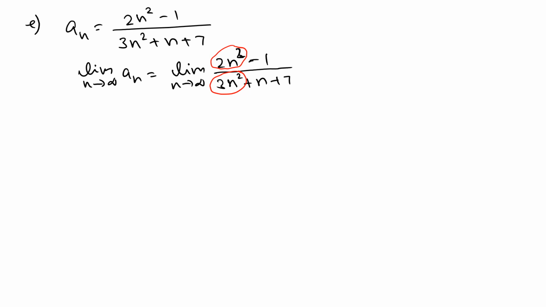Other terms do not really matter here. So the limit is 2n squared over 3n squared, then this gets cancelled, and you simply end up getting 2/3. So if the leading terms have the same degree, you just get the ratio of the two coefficients.